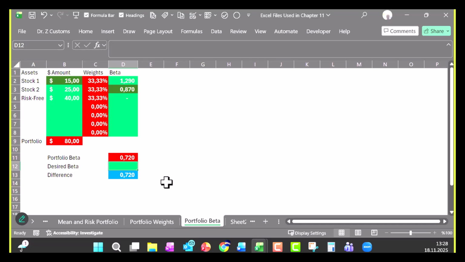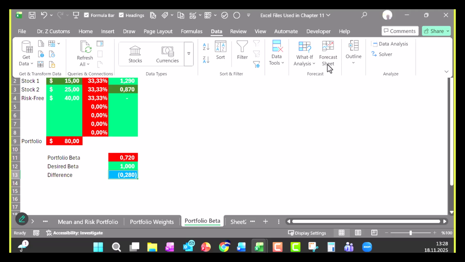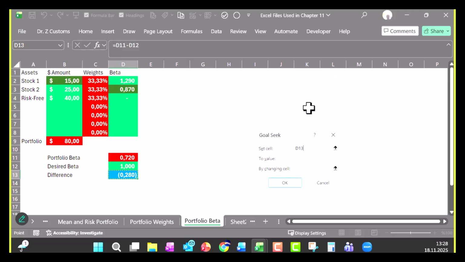If I want my portfolio to be as risky as the market, what's my desired beta? One, because that's the beta of the market portfolio, right? So I need to do a goal seek, make that difference zero by changing what I don't know, the beta of the second stock.